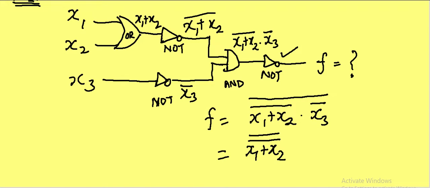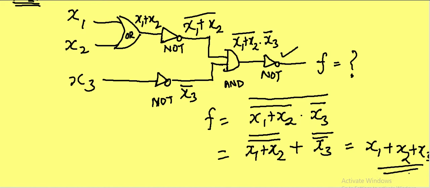Because the complement of individual terms, I have just told you in the previous questions. Then dot will be converted to plus, or you can say the AND gate will be converted to the OR gate, and then the complement of this term which already exists, and then again complement. So the complement will be this term, right? So it will be x1 plus x2 plus x3.